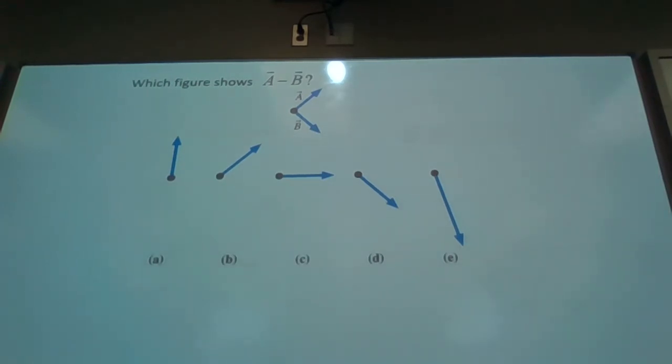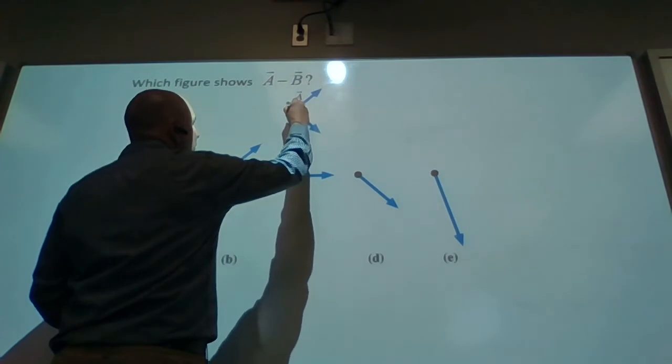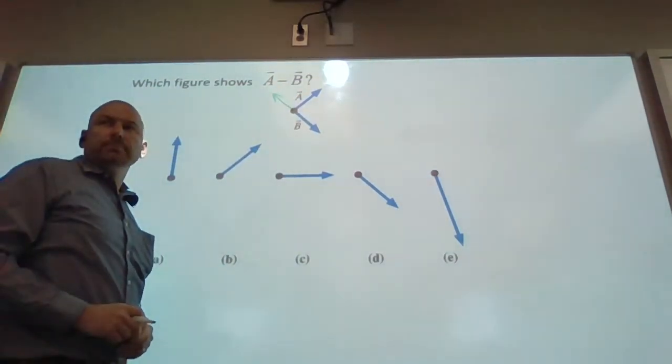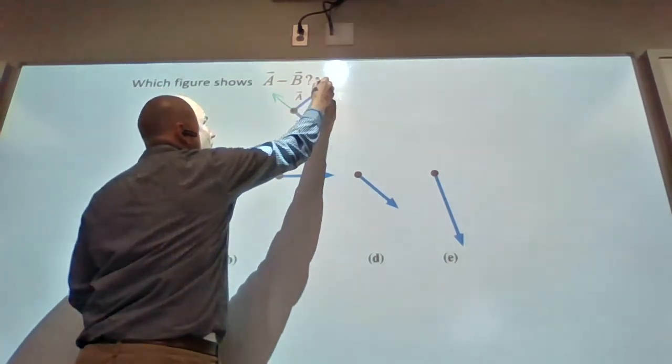Okay, which one are we flipping? B, we're flipping B. So B and negative B makes it go this way. Then we do head to tail.